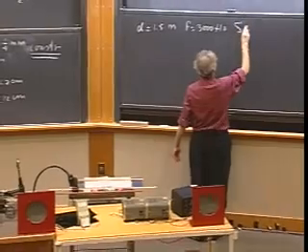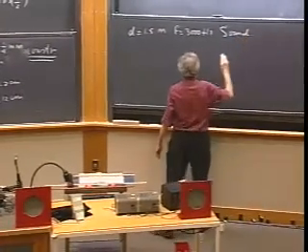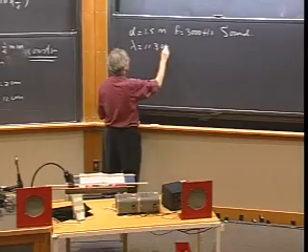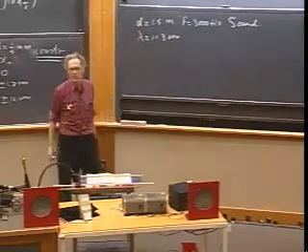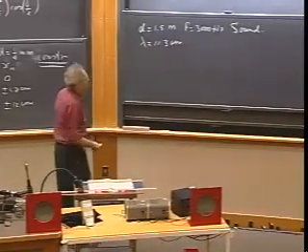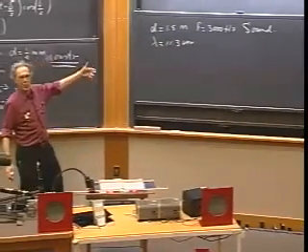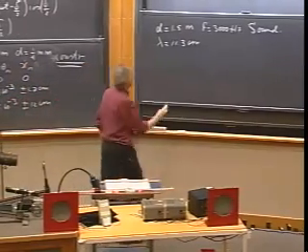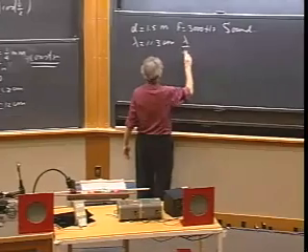So we do this experiment now for sound. And so lambda is about 11.3 centimeters if you take 340 meters per second for the speed of sound. So we have, in a way, monochromatic light, monochromatic sound, more or less one wavelength. And so you can calculate what lambda divided by d is.